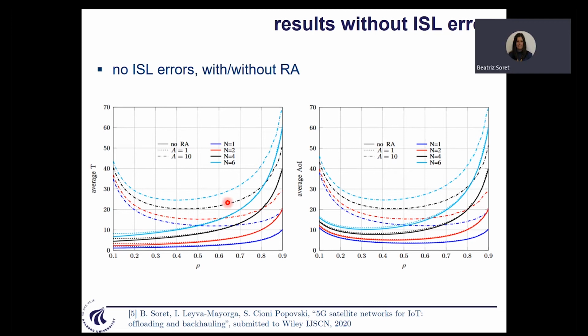If you look first of all at the solid line without random access, for the system delay, what we have is that when rho increases, rho is the total load, the packet delay will increase. In our simulations, the service time for each satellite is equal to 1.